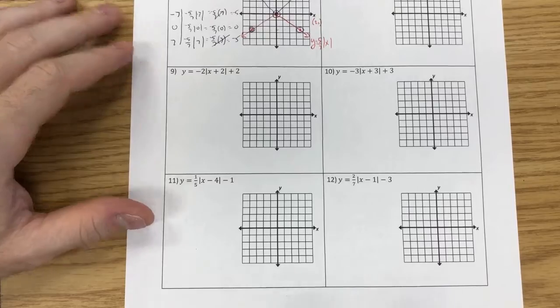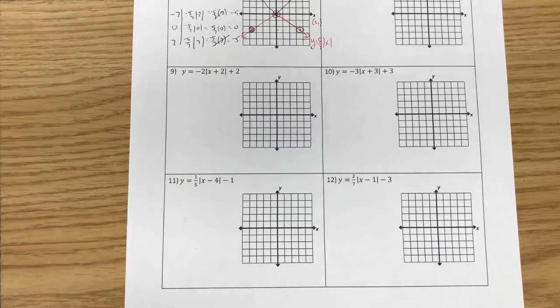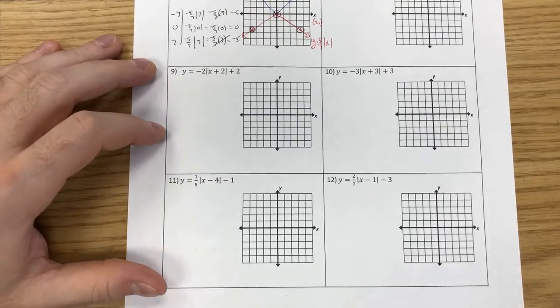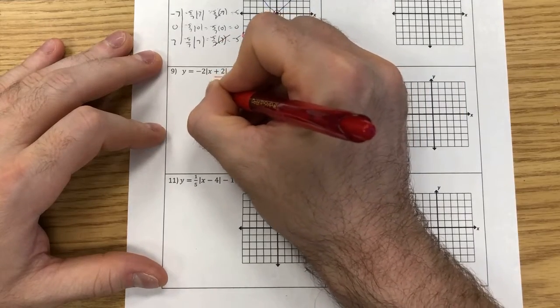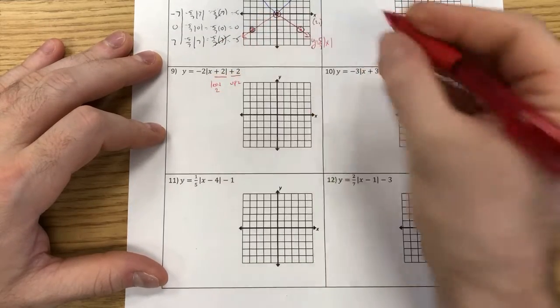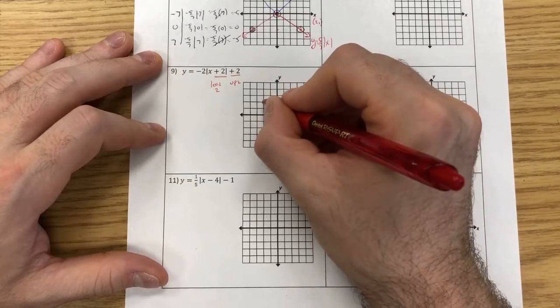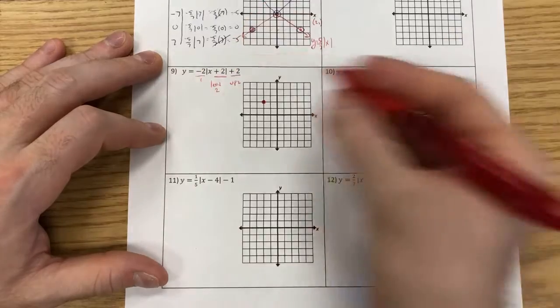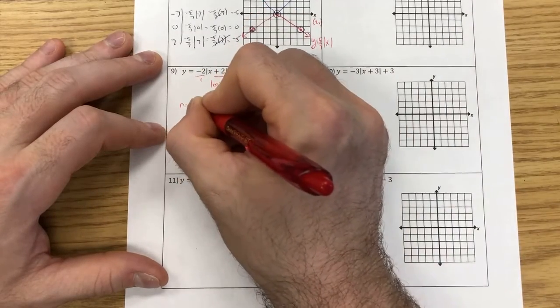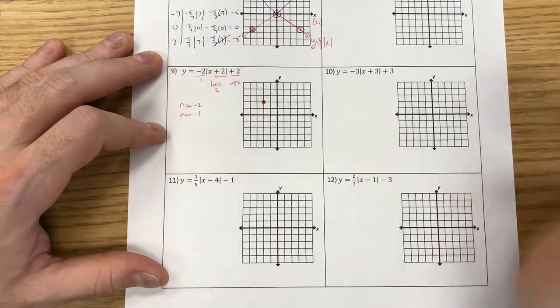And even if we have other translations in the equation, I know that I can read these as, okay, that's a left 2 and up 2. So left 2, up 2, that's where I'm going to put my vertex. This -2 over 1 tells me I have a rise of -2 and a run of 1.